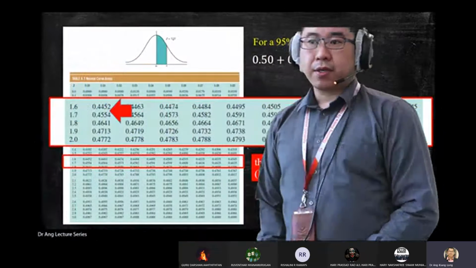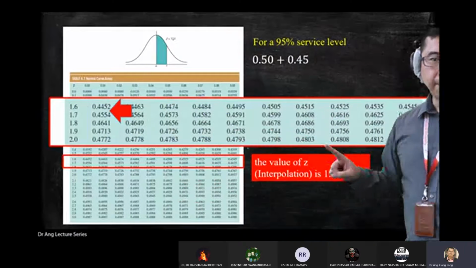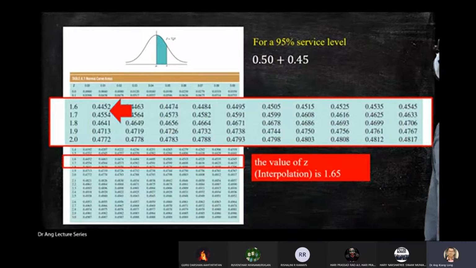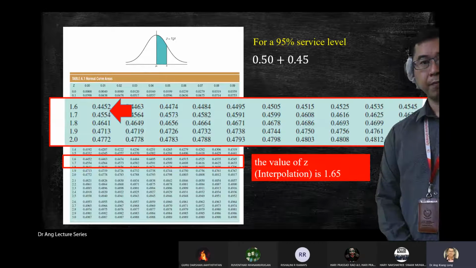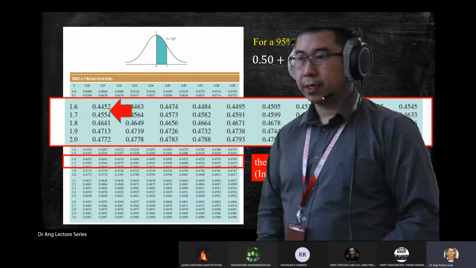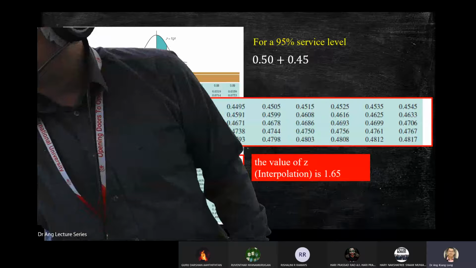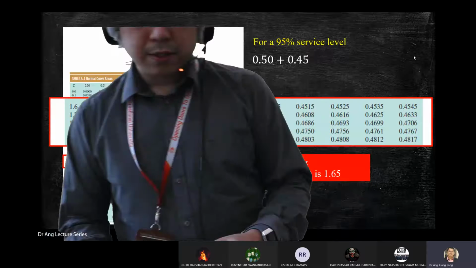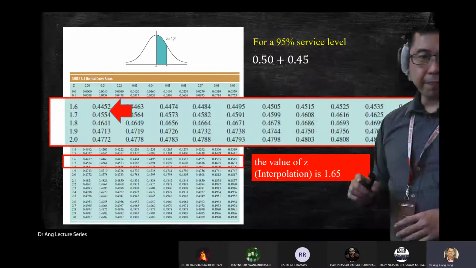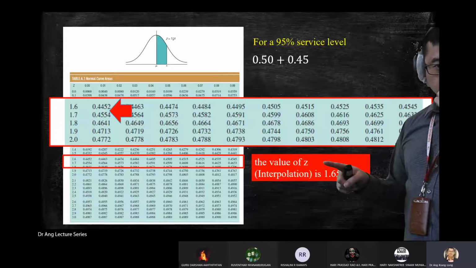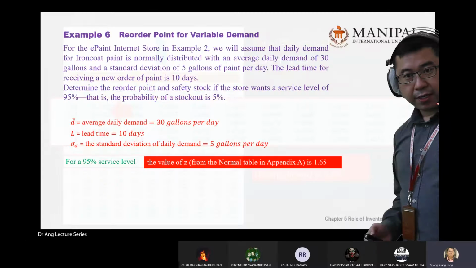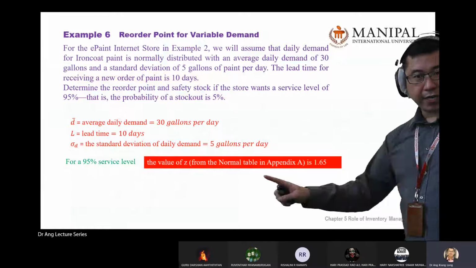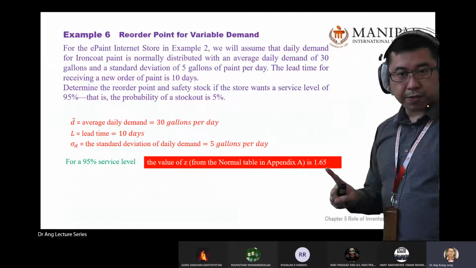Okay, Guru Darshan, explain how you get 1.65. Using interpolation, sir. Okay, good. So we are very clear on how to do interpolation. Those who don't know, go and ask Guru Darshan. I did explain how to get z equal to 1.65.